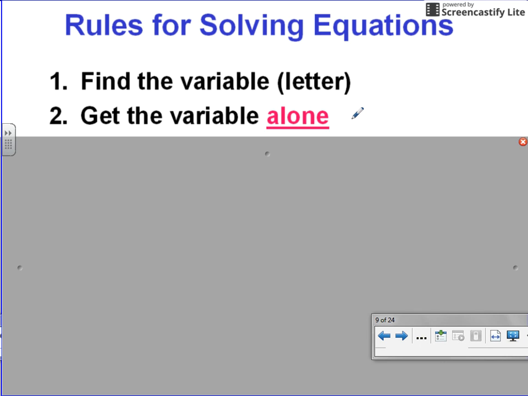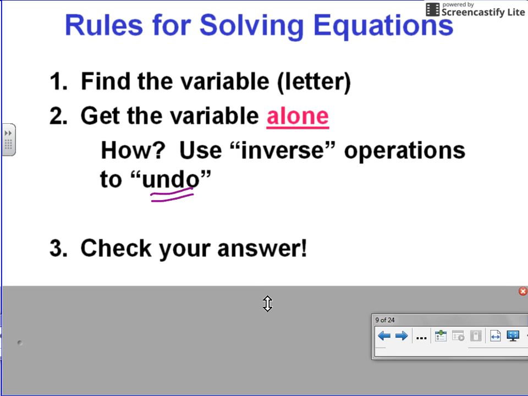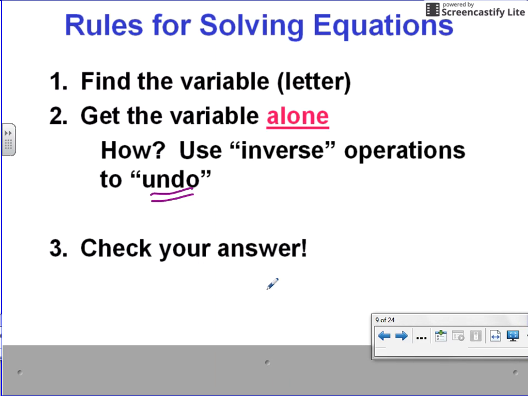It probably has some operations and other numbers with it, and so your job is to undo or use some inverse operations in order to accomplish that. We have some rules about how that's accomplished, and we'll look at them in a second. And finally, you should always check your answer.